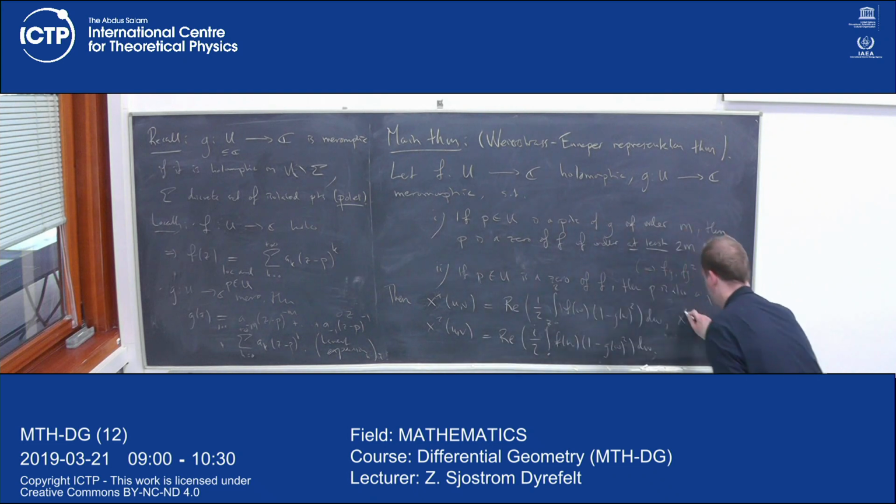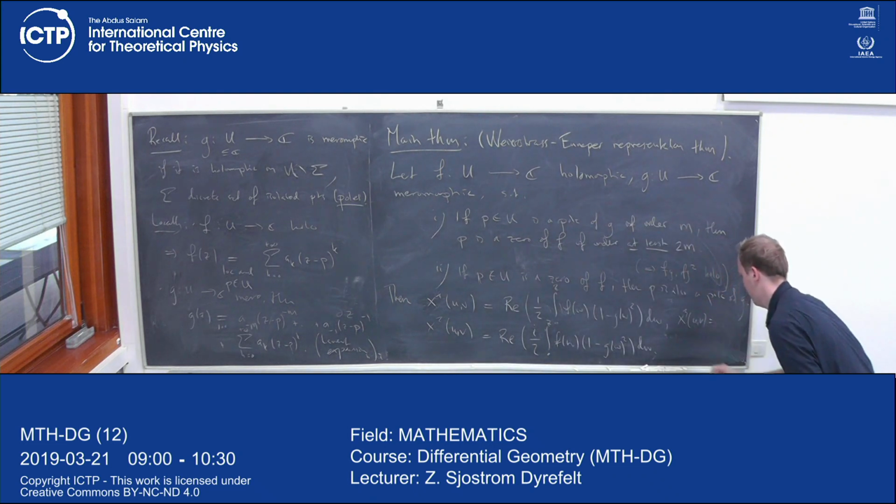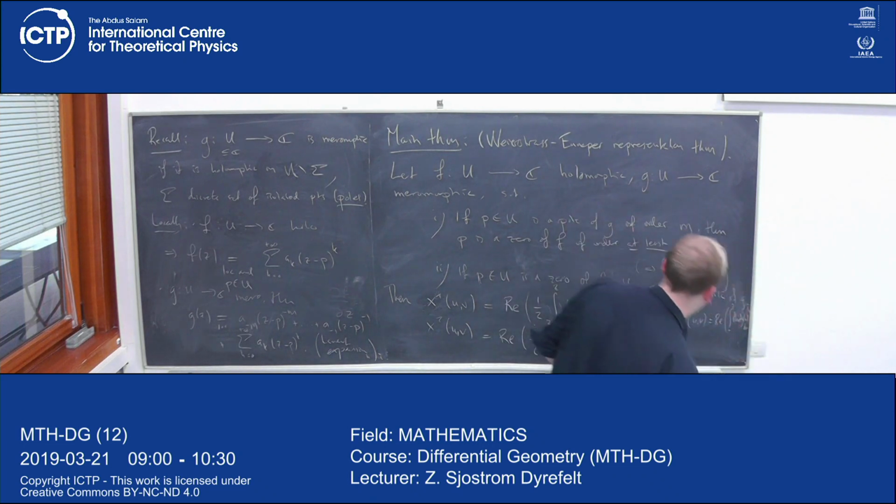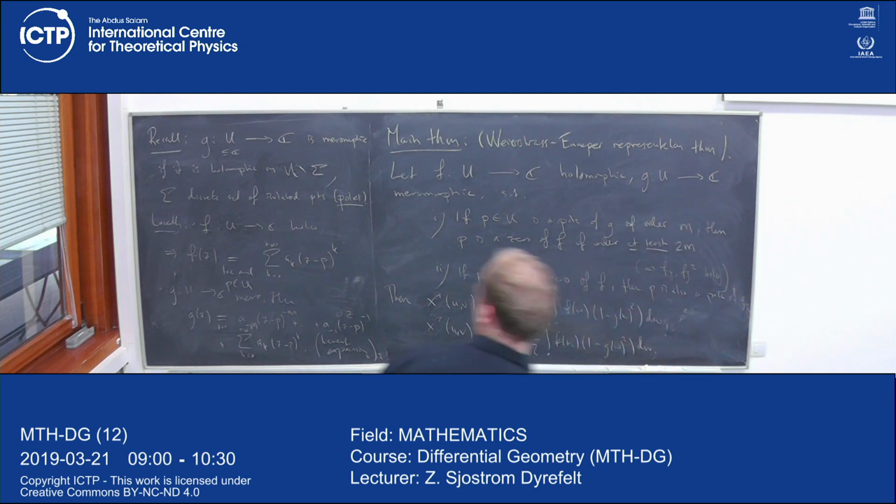And then x3 of uv is equal to the real part of the integral from 0 to z of f of w, g of w, dw. Okay, sorry, this is horrible. I should write it somewhere else. Write it here.